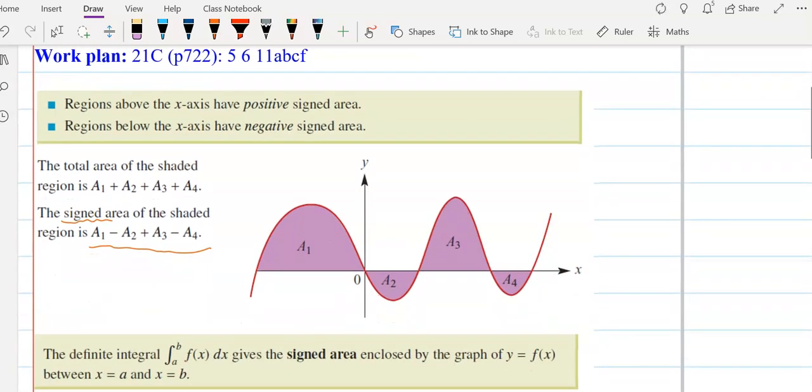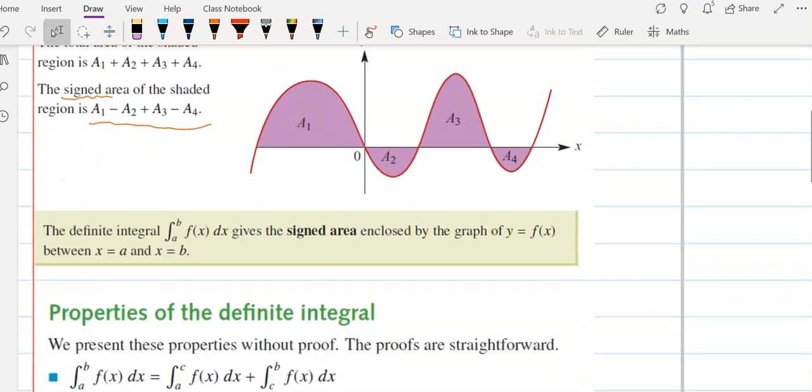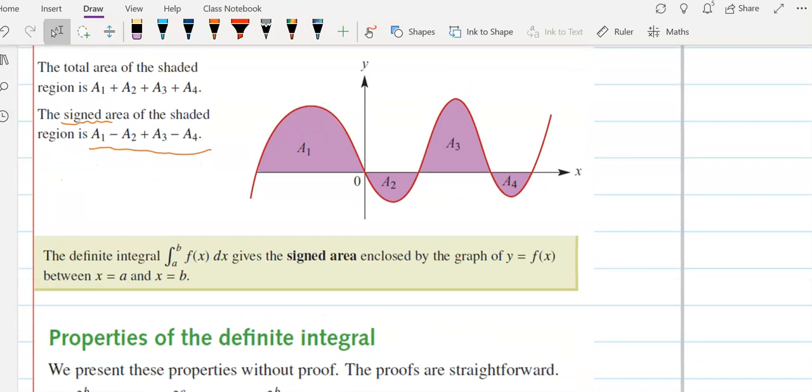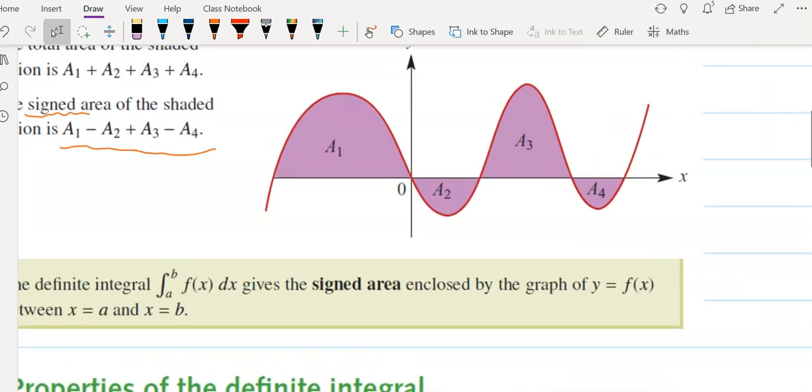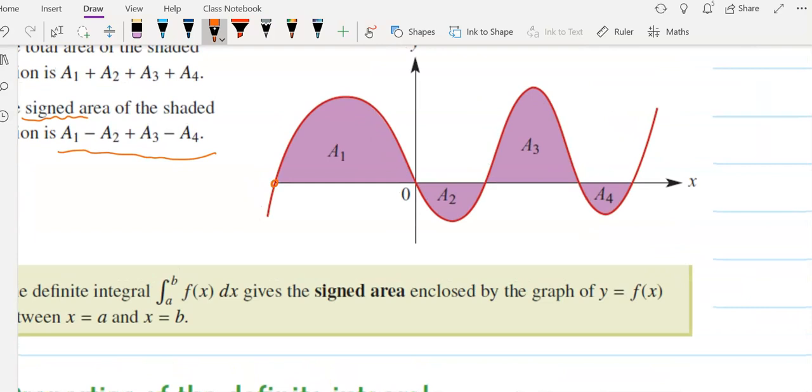Now let's have a look at an example in terms of definite integral. The integral itself, if I go from a point, let's say A to B here, will give you the area under the curve. Of course, what happens if I move the B to there is it will calculate the signed area.